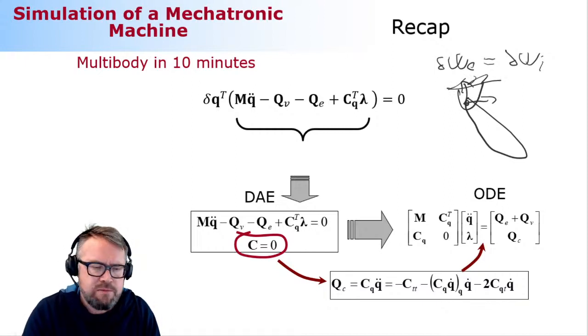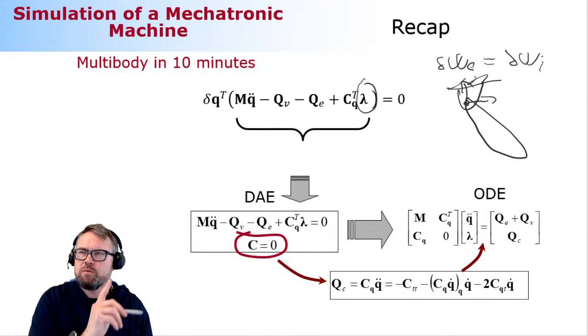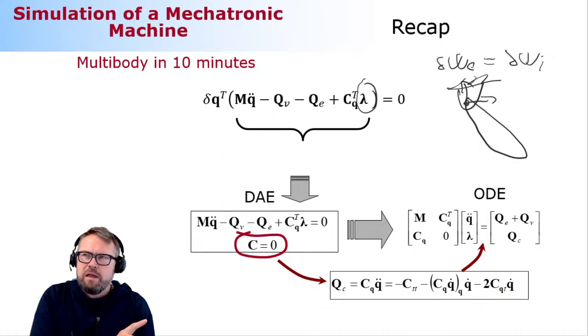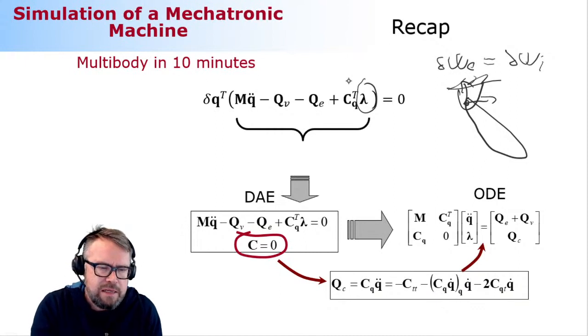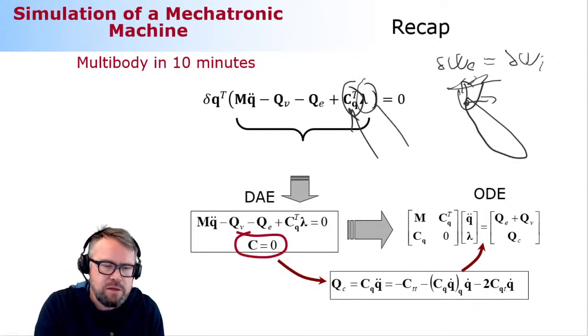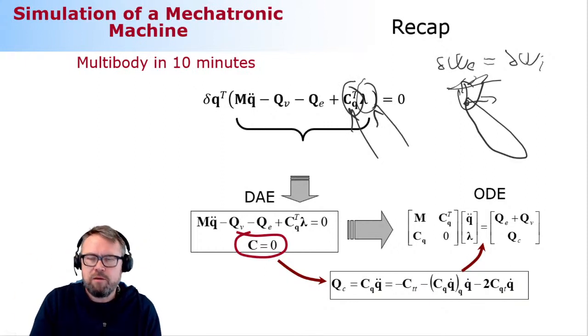These two force components are described by the Lagrange multiplier. So the Lagrange multiplier represents the reaction forces due to the constraint. Where they are applied in the system is told by the Jacobian matrix. It tells where they are located. The magnitude is the Lagrange multiplier.